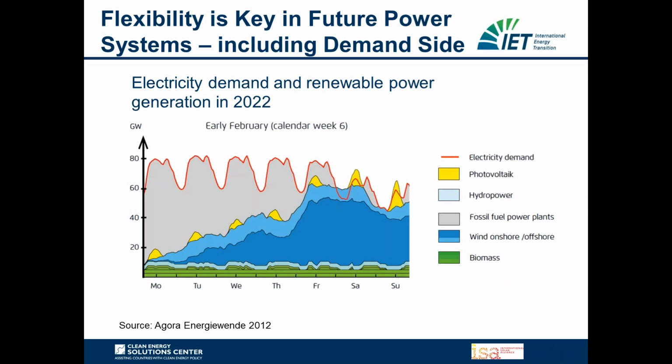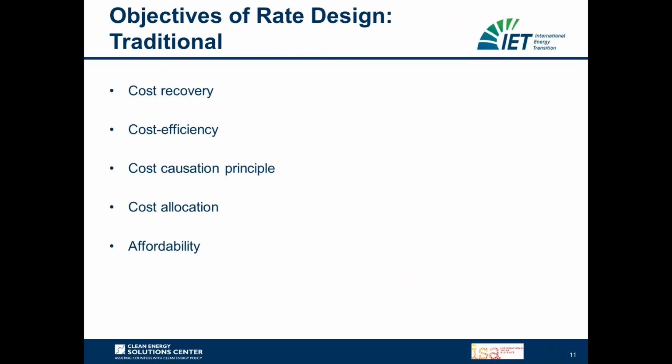As you can see here from this graph, there will be periods where we need an incentive for less electricity demand, but there might also be periods where we want an incentive for more electricity demand. And these time varying and also space varying incentives are very crucial, and they will be discussed today in our session on smart rate design.